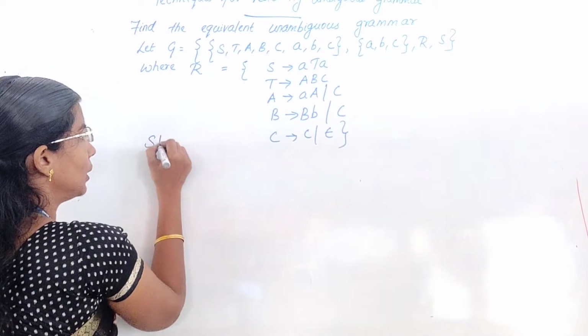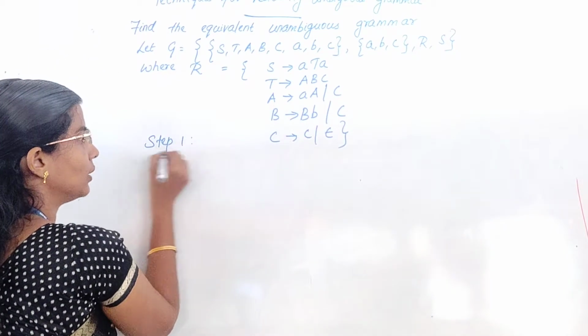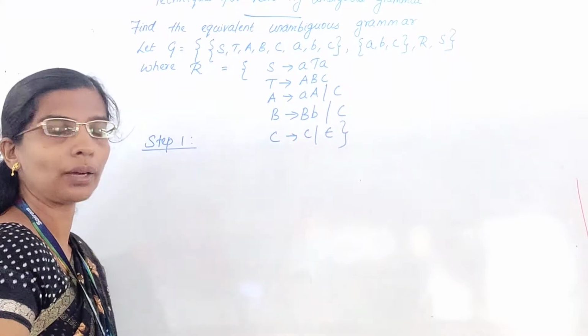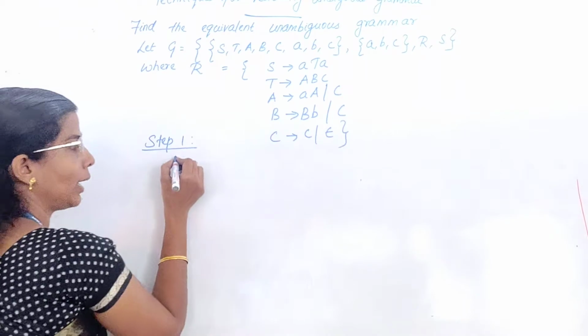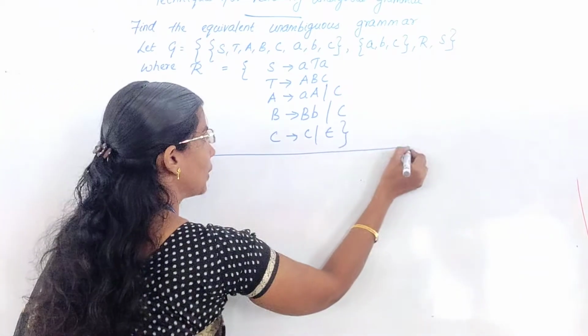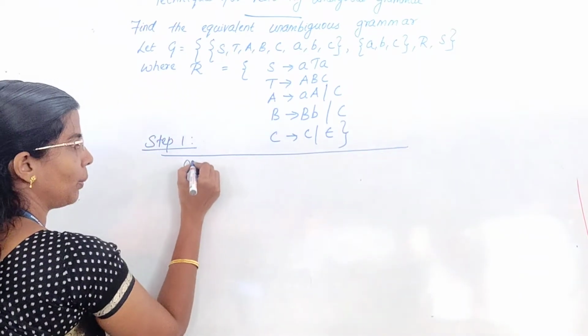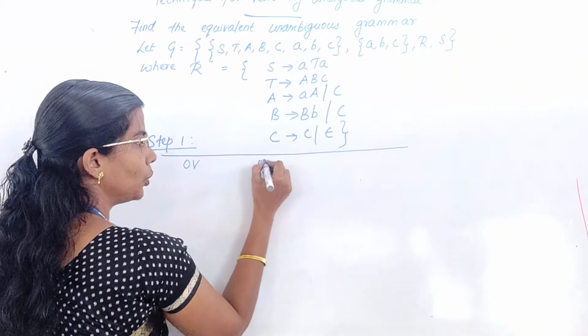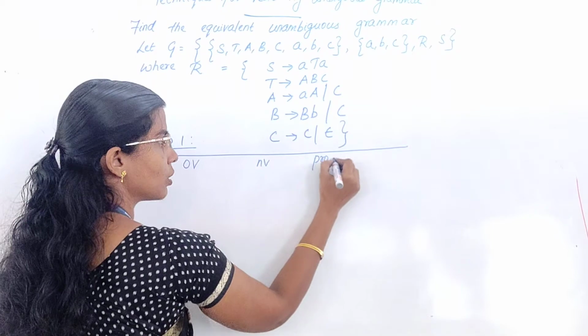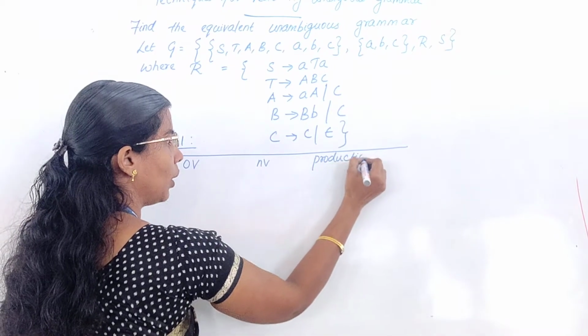Step 1, I have to eliminate this epsilon production, and I have to make a tabular column. This tabular column has three columns: old variable, new variable, and the productions.